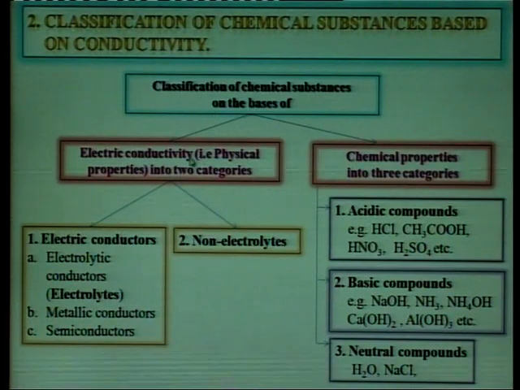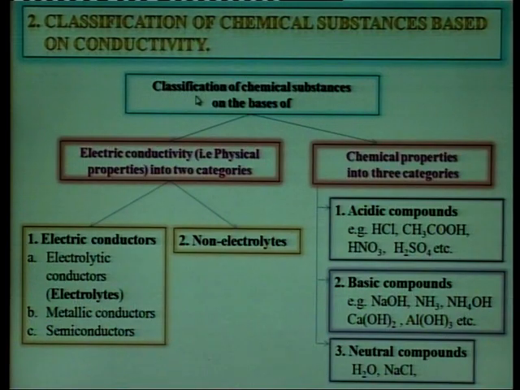Let us classify based on the electric property, which is purely a physical property, though a chemical substance can also be classified on the basis of chemical properties. In this lecture, classification on the basis of chemical properties is not of much importance for us, but for your reference I have given it here.